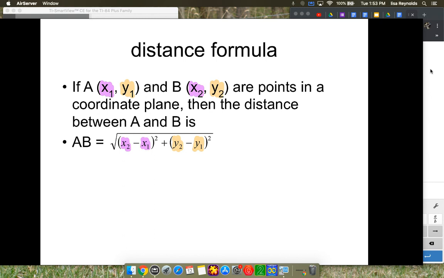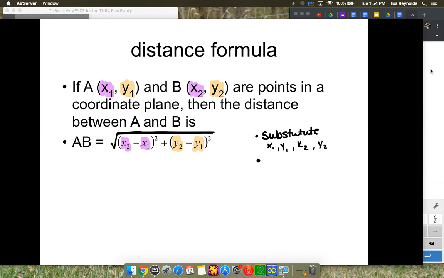So notice our formula has this symbol here. This is our square root symbol. So we're going to be doing square roots. Order of operations. You're going to first substitute in x1, y1, x2, and y2.